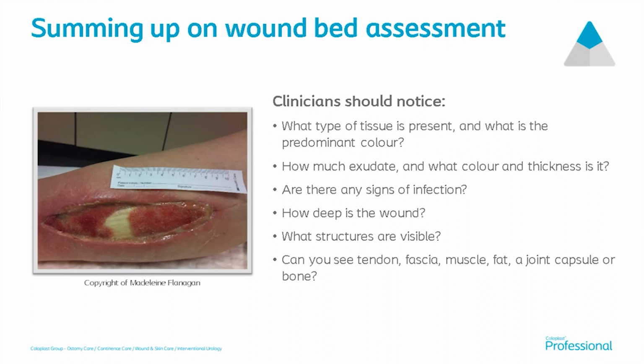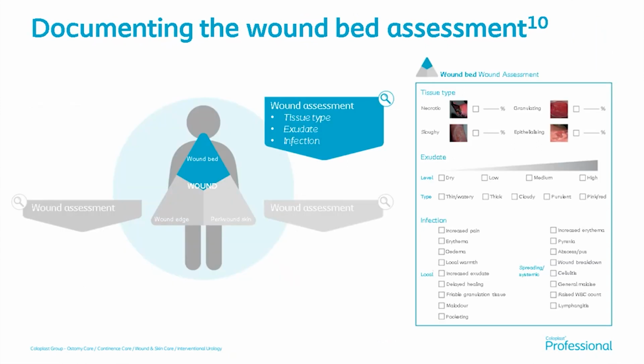So in this wound, for example, you can see tendon, and actually, again, that would help us to identify that there's some depth to this wound that we need to be managing. So we need to document all of these things, and as part of the triangle of wound assessment, there is an easy way, a simplified way of documenting this, as you can see on the screen at the moment.